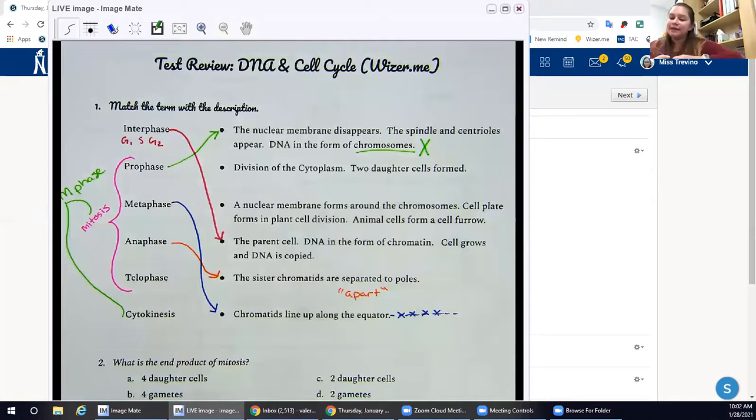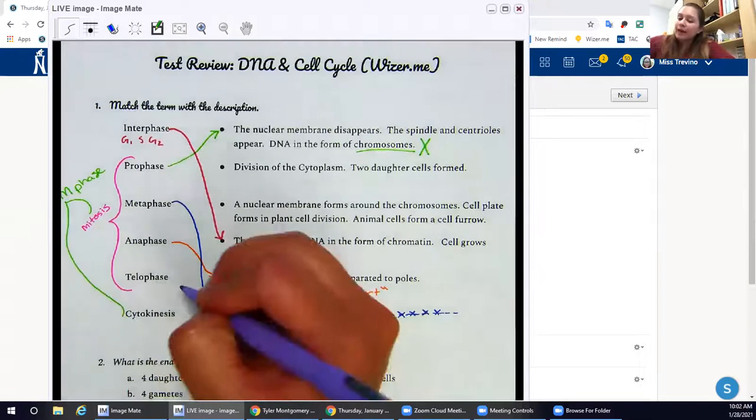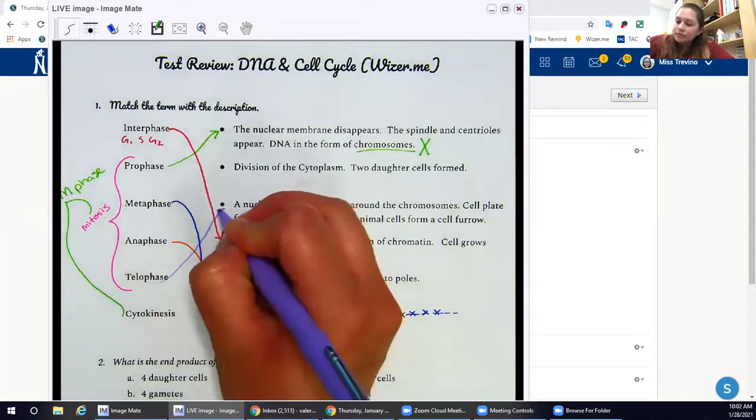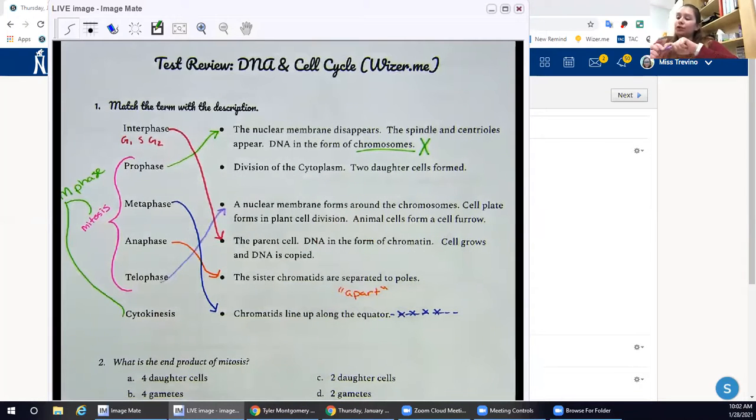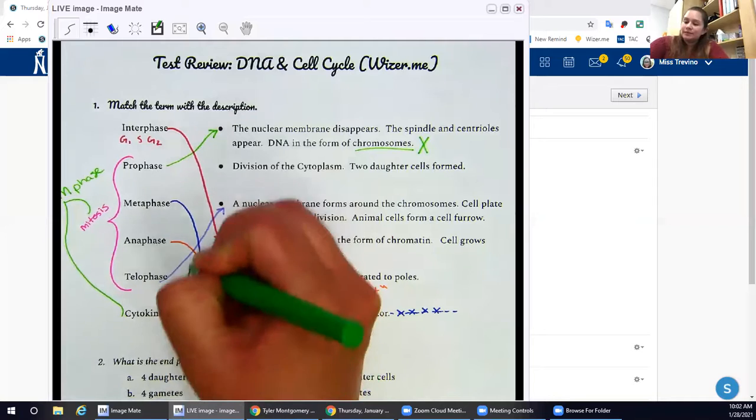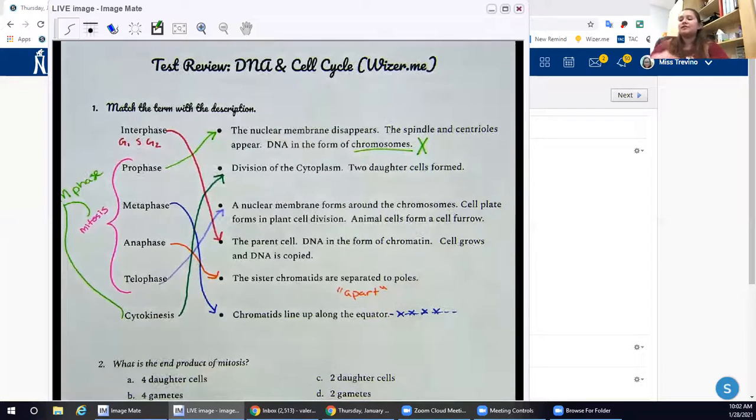In telophase, the nuclear membrane is going to come back around the chromosomes. The cell plates are going to form in plant cell division, and the animal cells are going to start to form a cell furrow. And then last but not least, cytokinesis is the actual division of the cytoplasm.